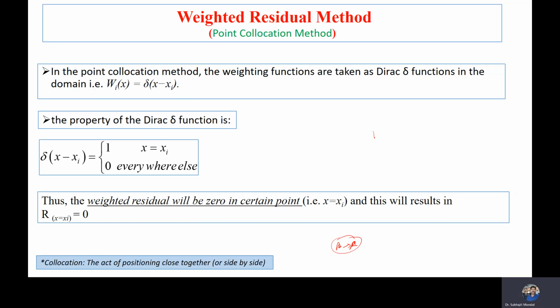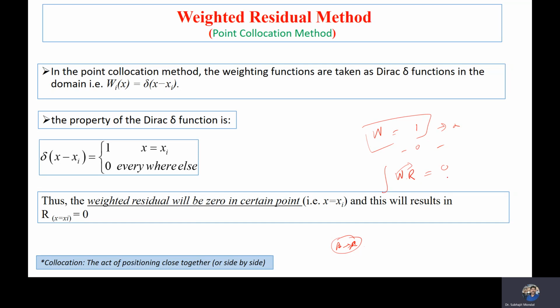Here we use one weight function, the Dirac delta function, whose value is equal to 1 at the selected point, and at the rest of the points the value is 0. Whenever we find the residue W into R in the weighted residual method, we make the weight operating on R equal to 0 in an average sense over the entire domain.